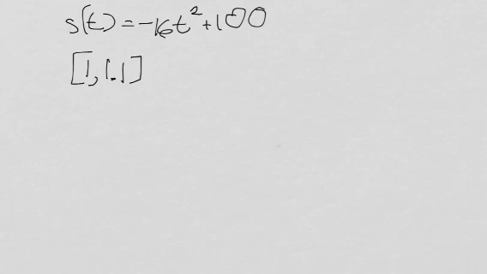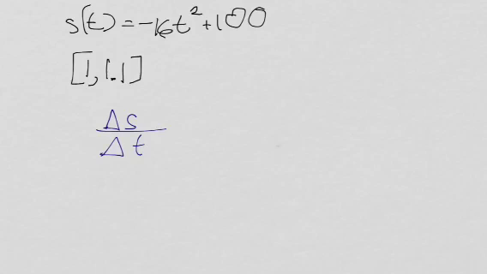And now for our second interval, we are looking at the average velocity over 1 second to 1.1 seconds. So we're going to use that same equation that we had, change in s over change in t.